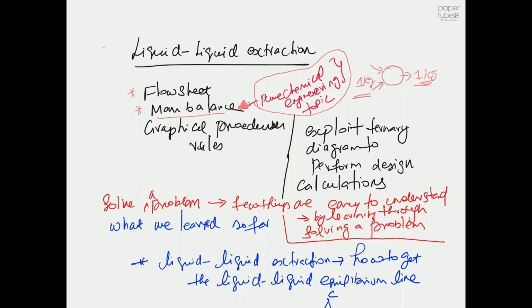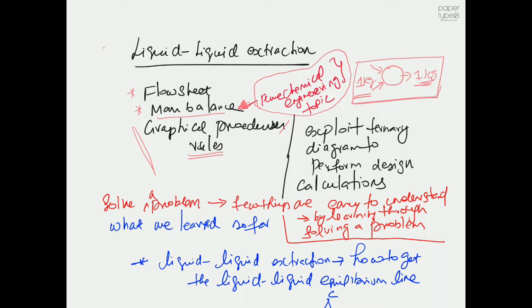So that's what we are going to do. But we are going to give some notations and some fancy equations to make something useful out of this mass balance concept. And then we are going to see some graphical procedures, or if you want, we can call them rules, a certain set of rules that will make your life a bit easier if you want to design an extraction unit.